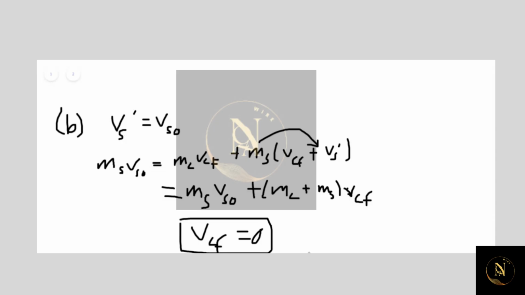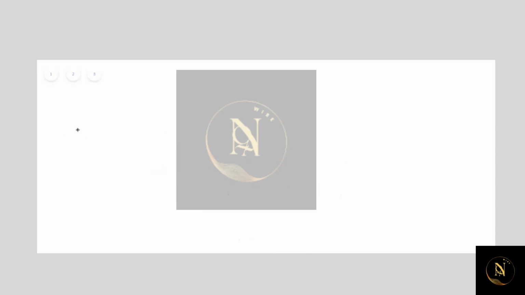All right, and lastly, for part C, we have the final velocity of the sumo wrestler is equal to, now he's running in the opposite direction, minus V S 0.